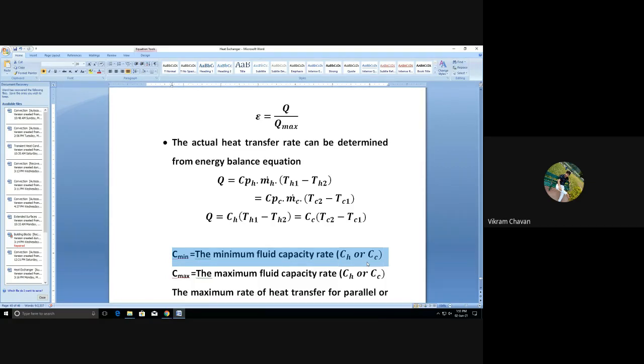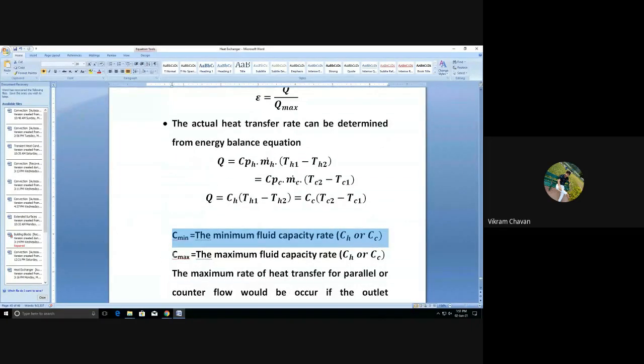Okay, C minimum is equal to the minimum fluid capacity rate in bracket CH or CC. Then C max is equal to, okay, if one is smaller then the other will be larger. C max is equal to the maximum fluid capacity rate, in bracket CH or CC.